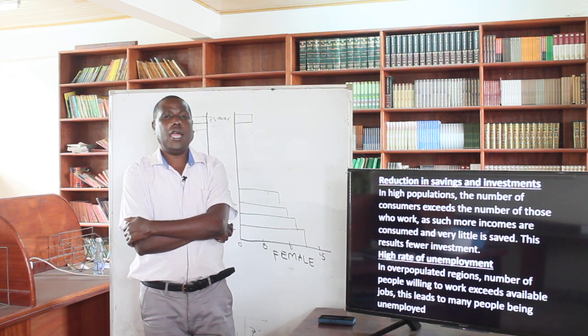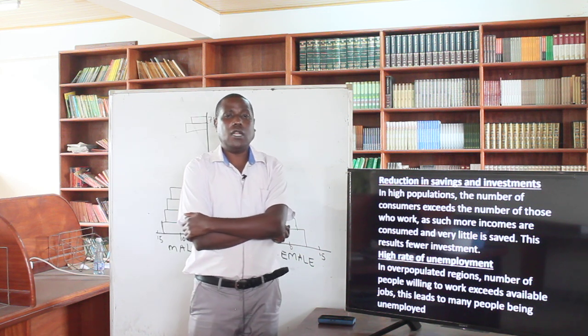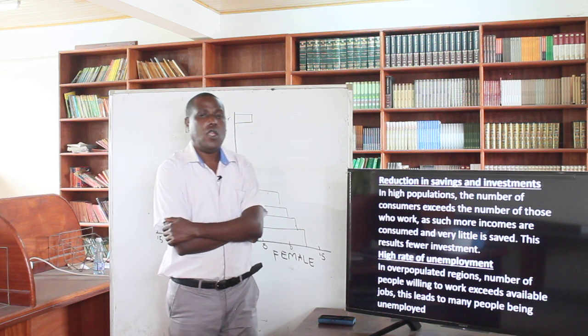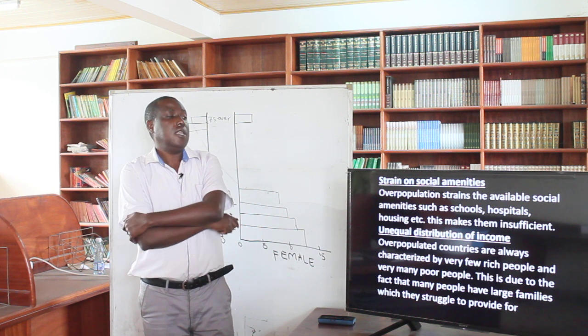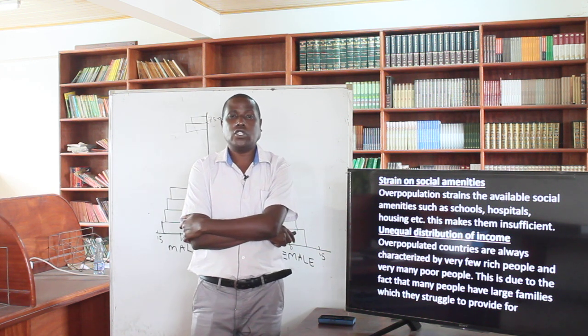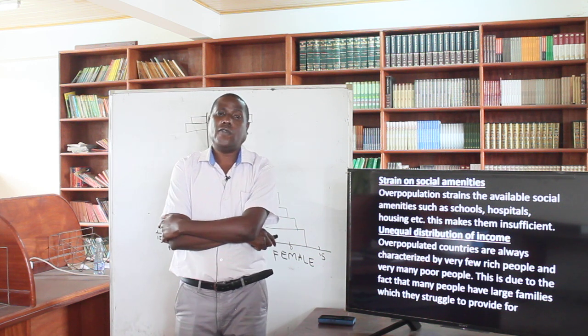There will also be high rate of unemployment. In overpopulated regions, the number of people willing to work exceeds the available jobs, which leads to many people being unemployed. There is a strain on social amenities like schools, hospitals, housing, stadium, and so forth.